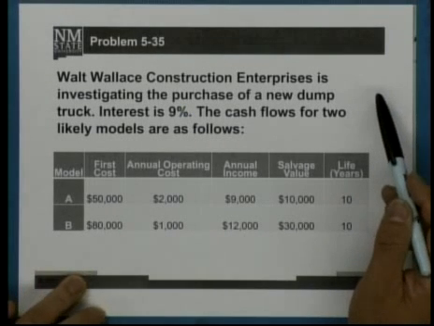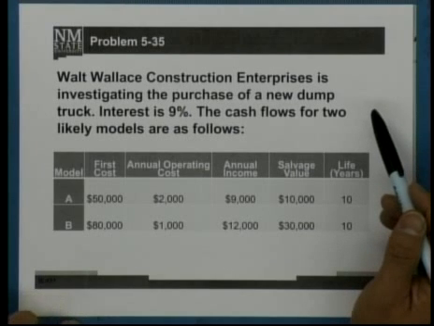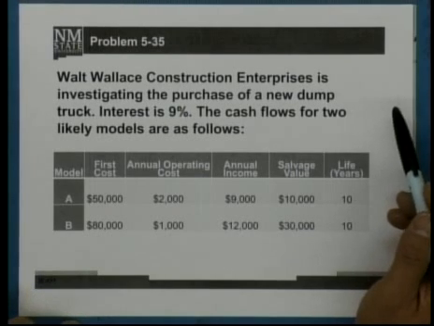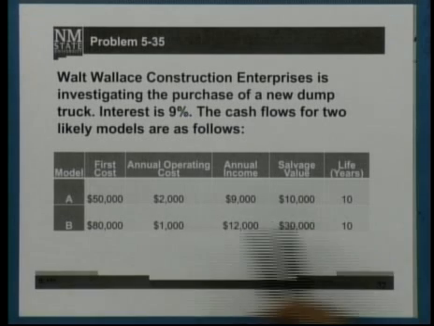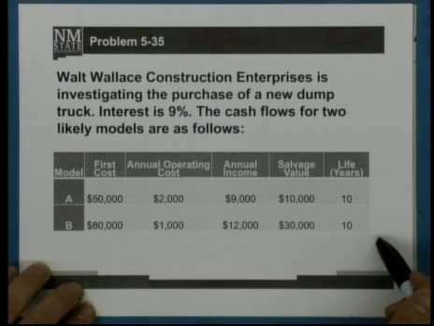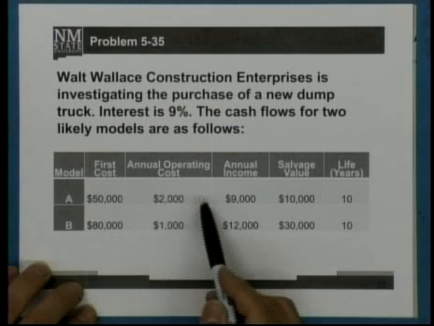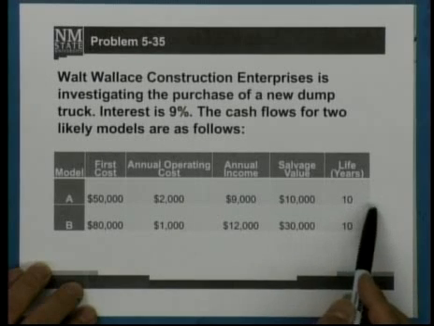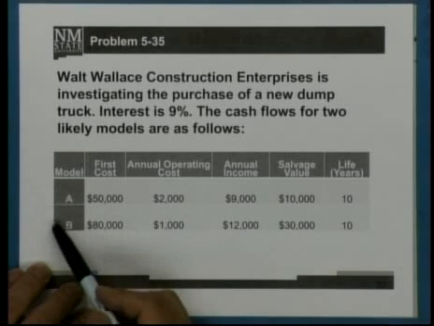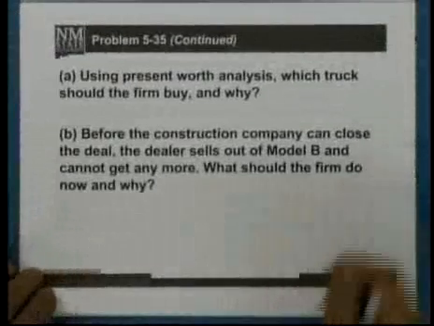Wallace Construction Enterprises is investigating the purchase of a new dump truck. Interest is 9%, and the cash flows for two likely models are given in this table. Okay, that includes first cost, annual operating cost, annual income, salvage values, and the useful lives for both models A and B.